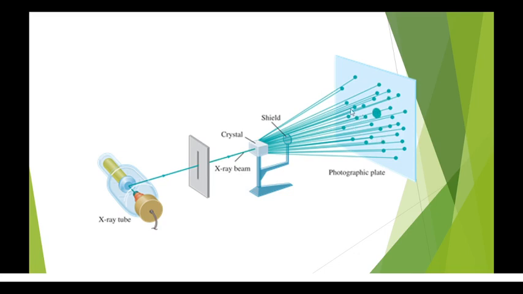And here you can see the dots, isn't it? These dots form the positions of maximum constructive interference, maximum intensity, and the central dot on the photographic plate shows the interference maximum. This pattern is known as the Laue pattern, L-A-U-E, of X-ray diffraction.